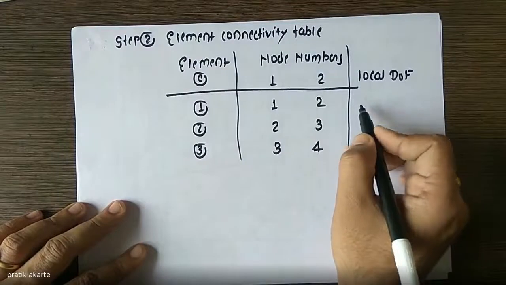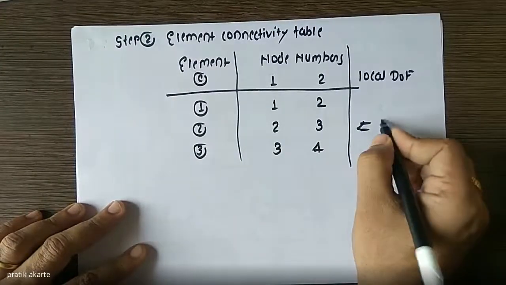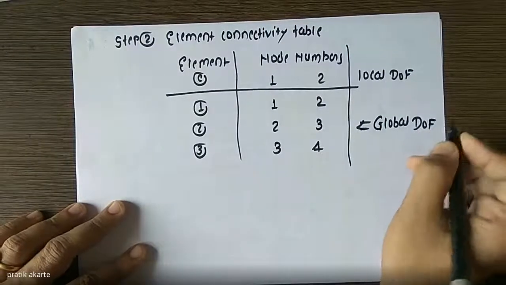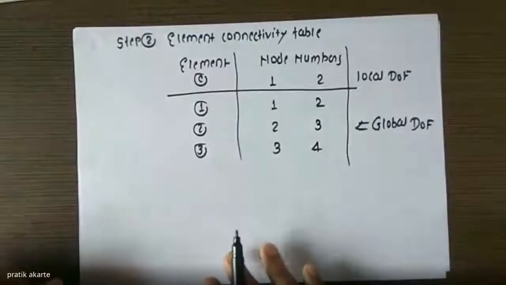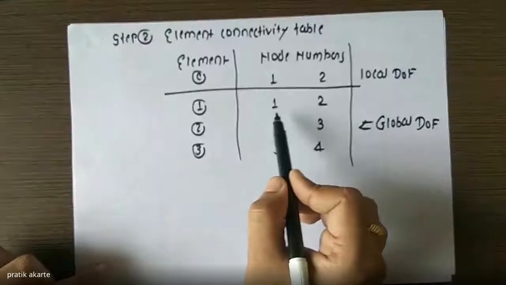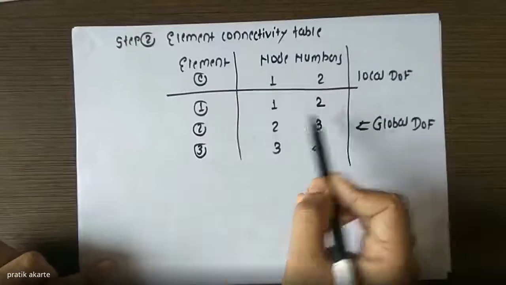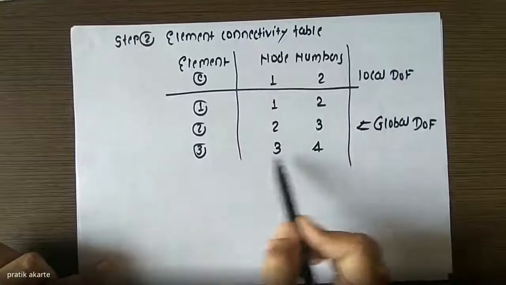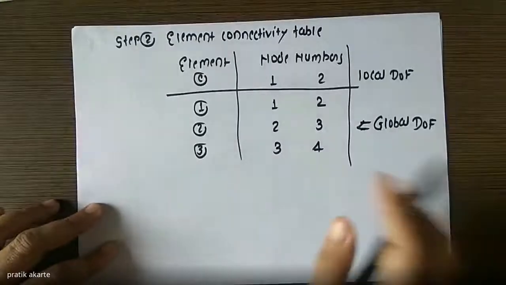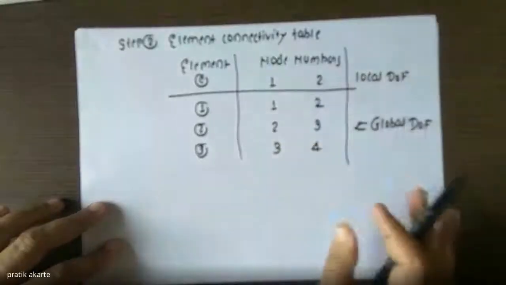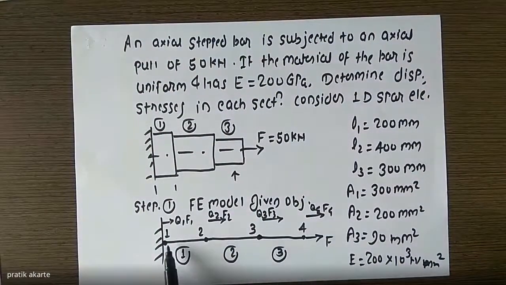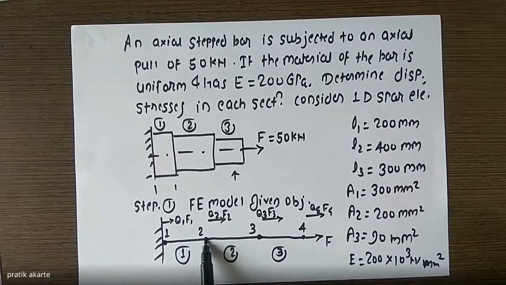Okay, so these numbers are on the global degree of freedom. If we go back and see the diagram, for element 1 the global node numbers are 1, 2. For element 2, the global node numbers are 2, 3. And for element 3, it is 3 and 4. But if we consider the element at local level, the node numbers will be 1 and 2 as it is. So at global level, for element number 1, node 1 is numbered as 1, and node 2 is numbered as 2.